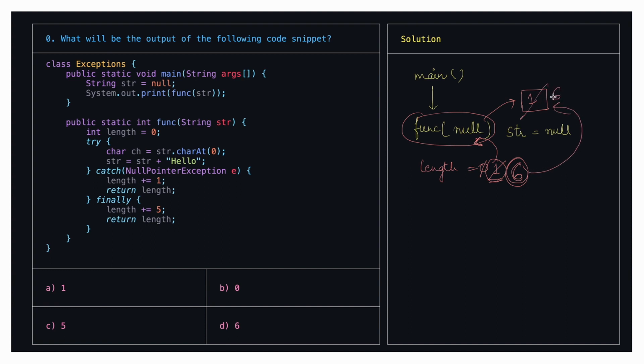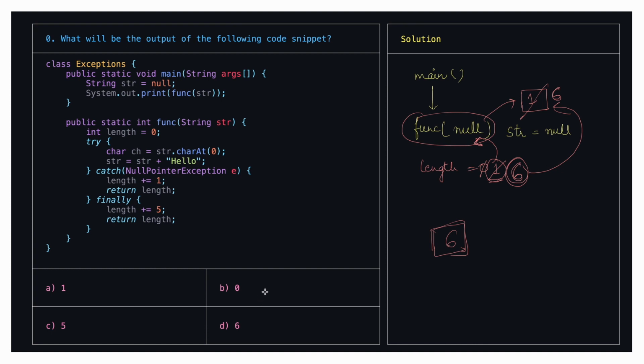Earlier it was 1, now it has become 6. That means the execution of this function is now complete: try has done its work, catch has done its work, and finally is also completed. So the final result that comes from this function call is 6, which means our answer will be 6 in this case.